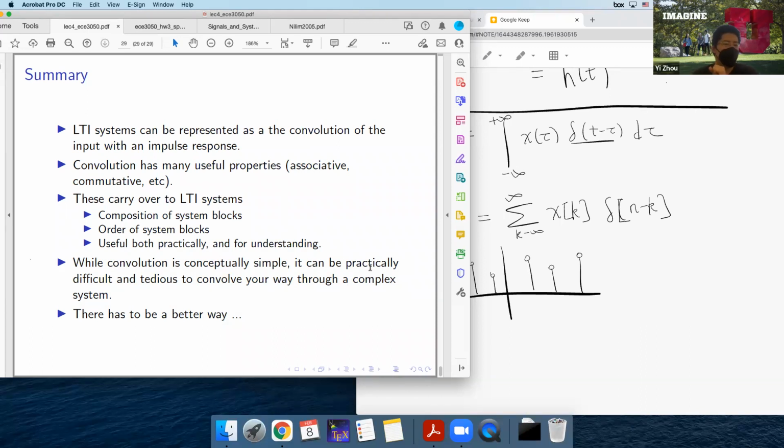However, it can be practically difficult and tedious to convolve, especially when you have to work out those integrations following the convolution formula or the summations following the discrete convolution formula. So there has to be a better way to deal with convolution in LTI systems. That's why in lecture 5, we start to introduce the Fourier transform to better deal with these convolution operations.